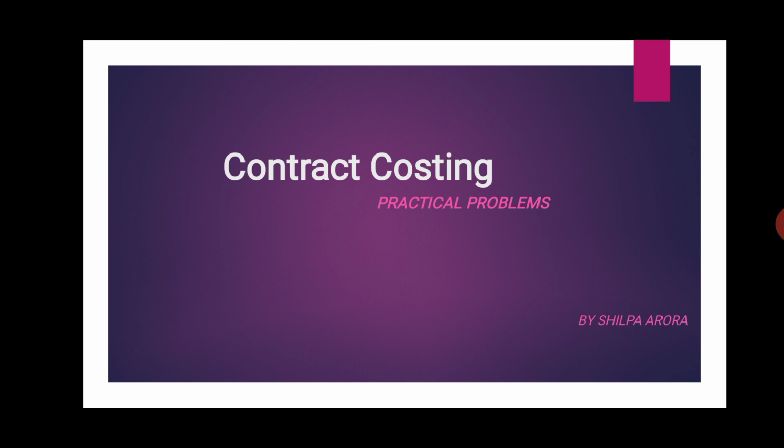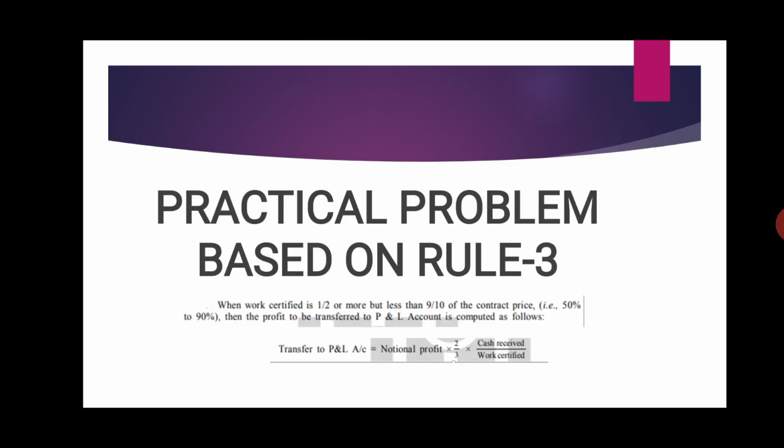Now in these slides we are going to do the rule number 3 illustrations. Rule number 3 illustrations are based on when work certified is more than half of the contract price but less than 90% of the contract price. It means that the contract has not yet been completed.